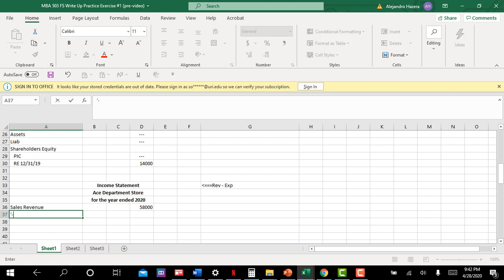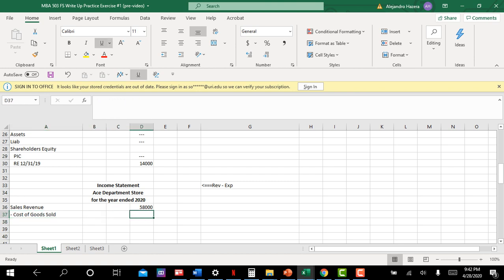But from sales revenue, you always take out your cost of goods sold.